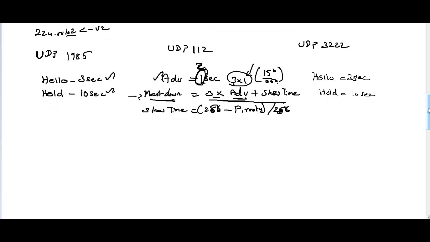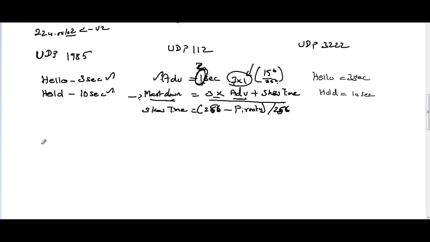The router that has the highest priority will become the active router. The second highest priority will become the standby. So the highest will always become the active. But initially, if you don't configure priority, the priority will tie. Initially the priority is 100.